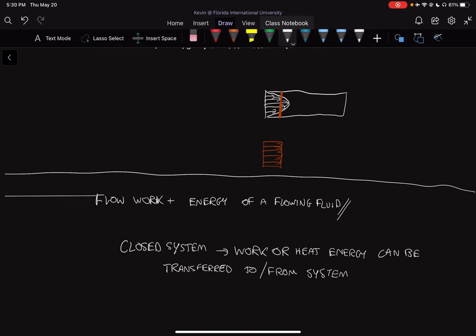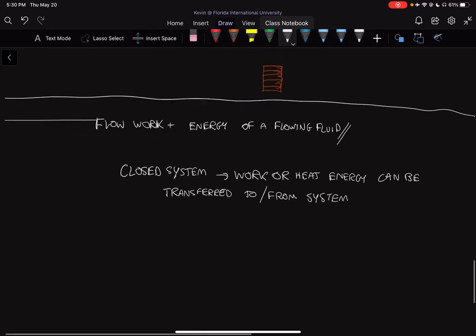So in a piston cylinder device, for example, we can have work going out of the system, which means our piston would move up, and we can have heat into the system if we're heating it up. Or we can have it cooling down, in which case the heat would come out of the system.